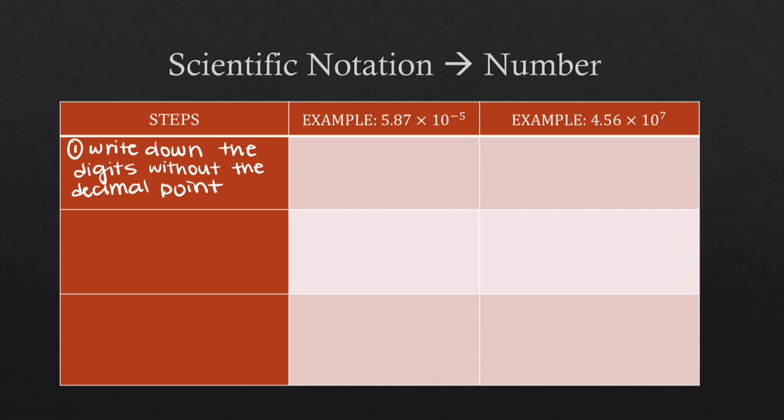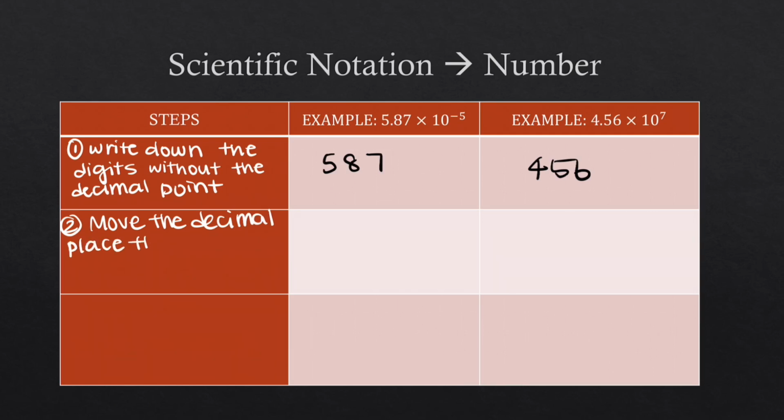So 587 and 456. Then you move the decimal place the exponent amount of spaces.